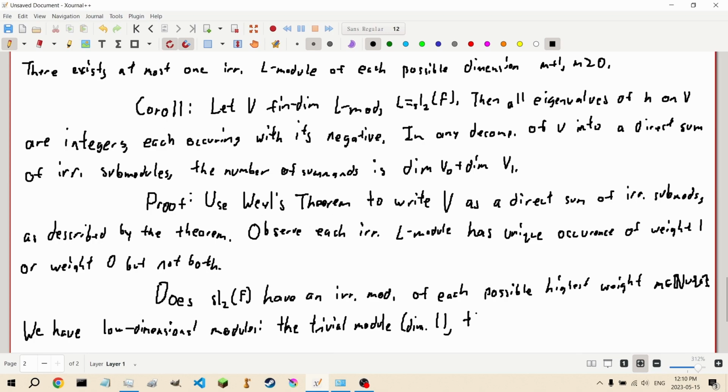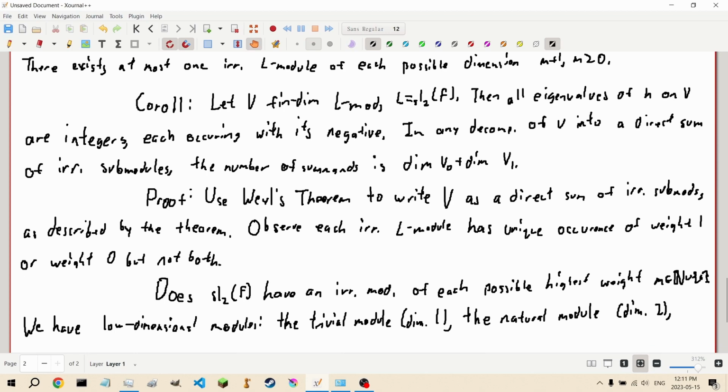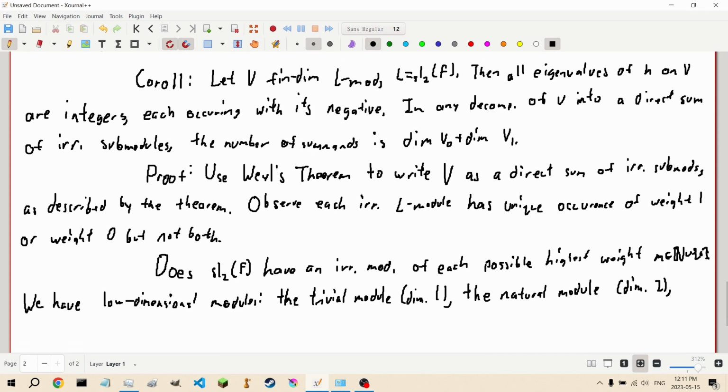The natural module, which I believe is just referring to the 2x2 matrices which make up SL2, which theoretically SL2 is describing as acting on F, by definition is going to have dimension 2, and the adjoint representation, which describes it acting on itself, since we have 3 basis elements, is obviously going to be dimension 3.